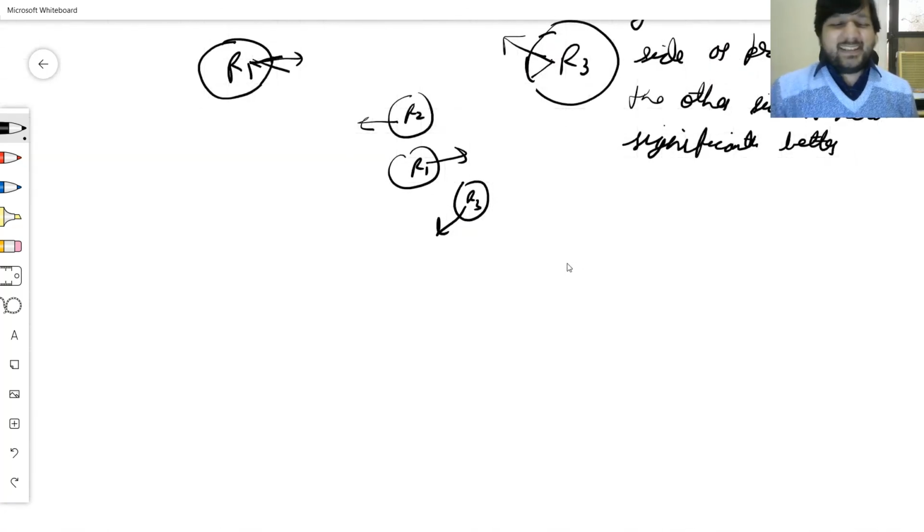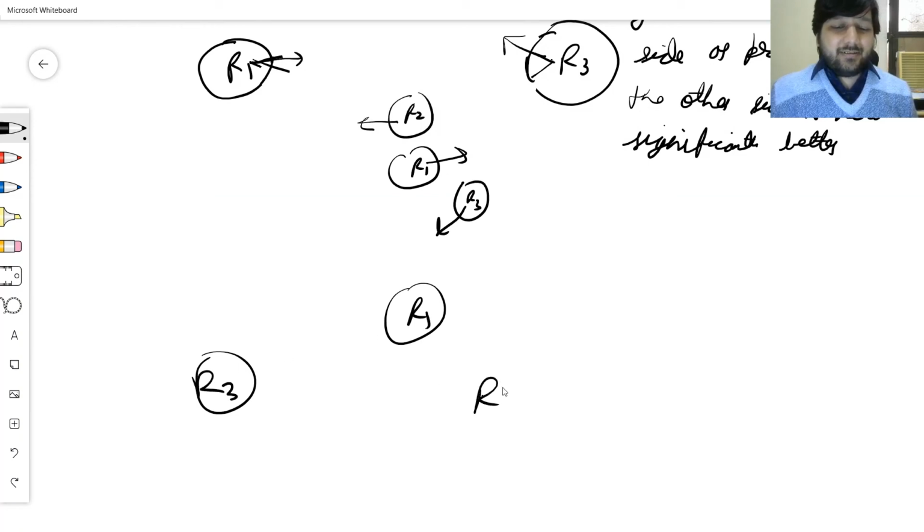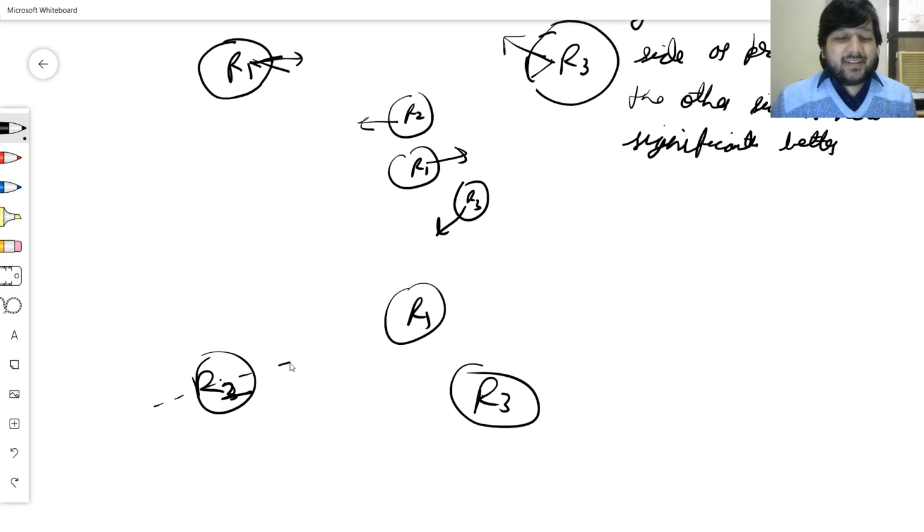There's another technique. So what it says is that R1, R2, R3. Now I know R3 needs to avoid R1 from the right, and R3 needs to avoid R2 from the left. So if I need to avoid this from the right, I only search for these speeds, and I need to avoid this thing from the left, so I only search for speeds within this region.